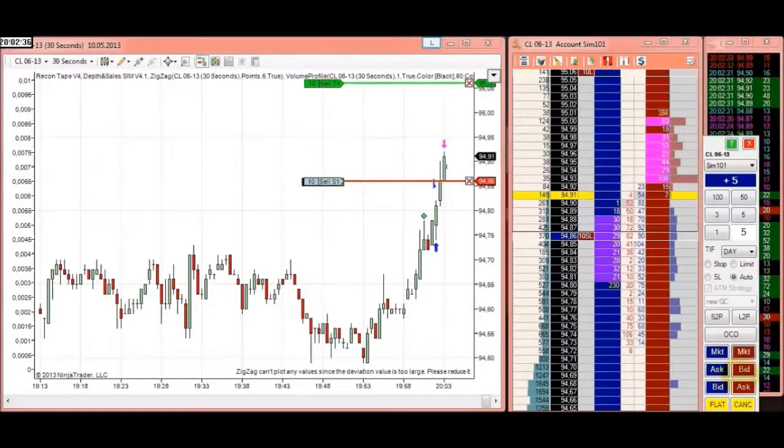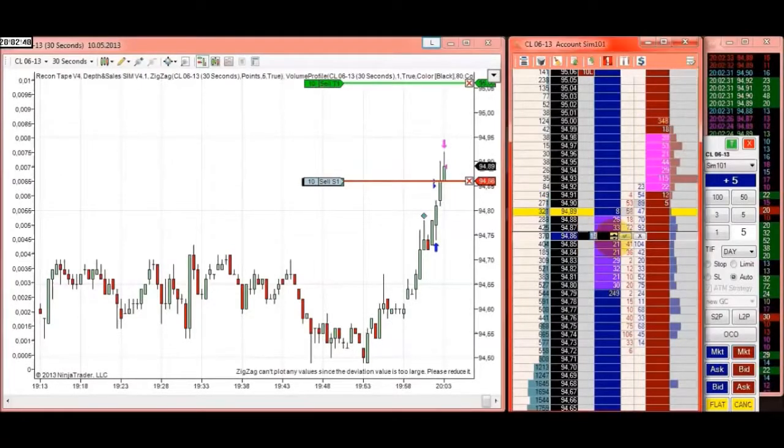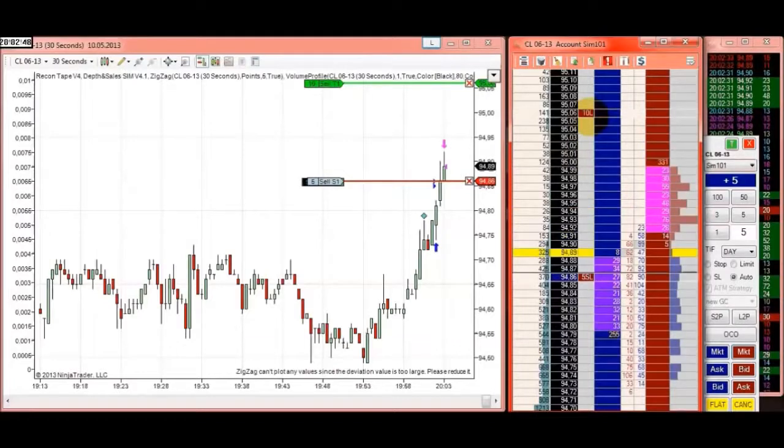As you can see, we have some imbalance. It's not so big difference, but it was bigger, and it's still large. It's almost 2 to 1. As you can see, price still moving.